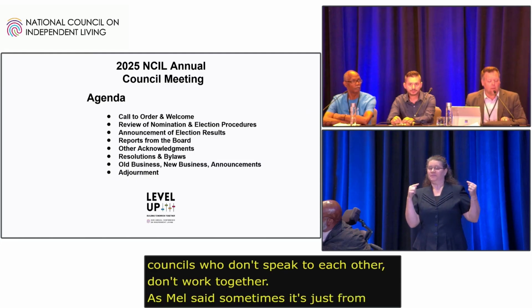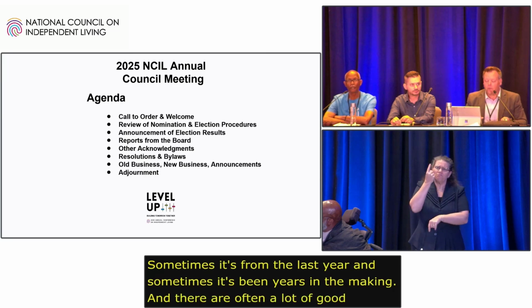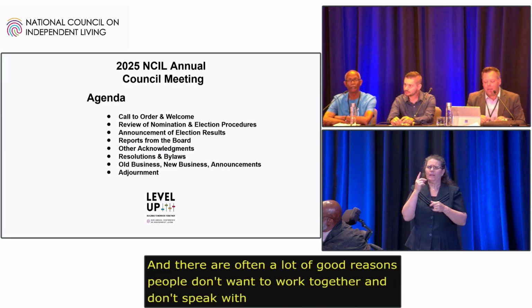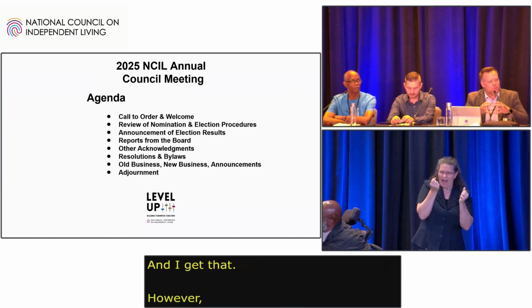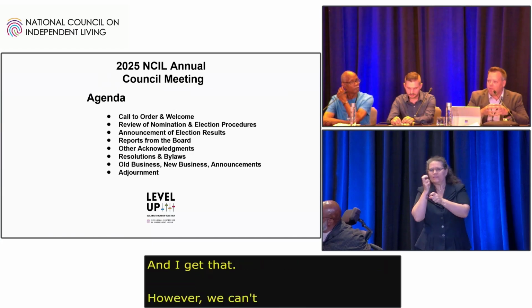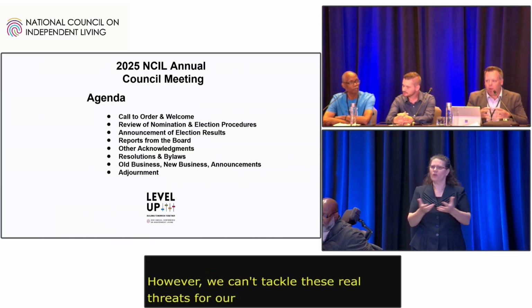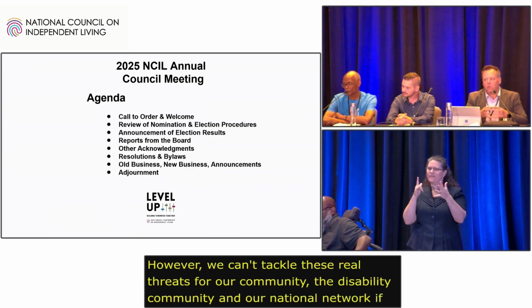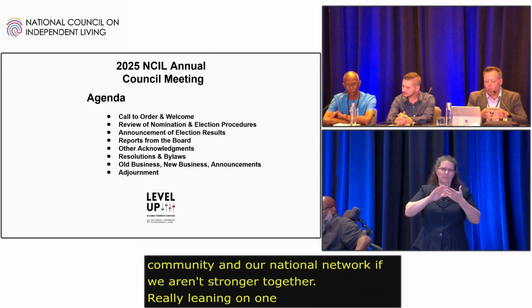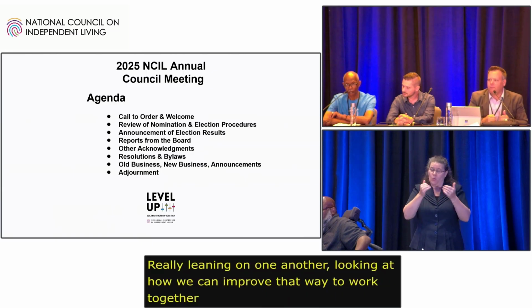And there often is a lot of good reasons that people don't want to work together or don't speak with each other, and I get that. However, we can't tackle these real threats for our community, the disability community, and our national network if we aren't stronger together. And so really leaning on one another, really looking at how we can improve the way we work together and work through differences and have difficult conversations.